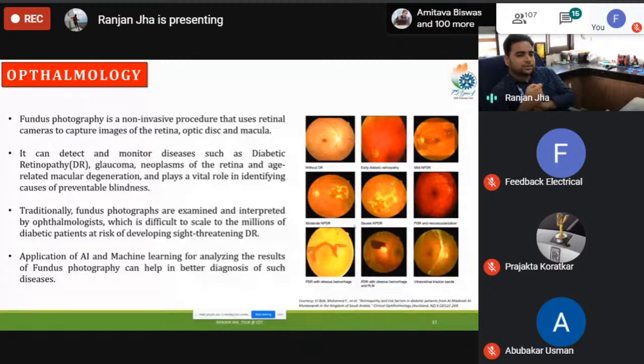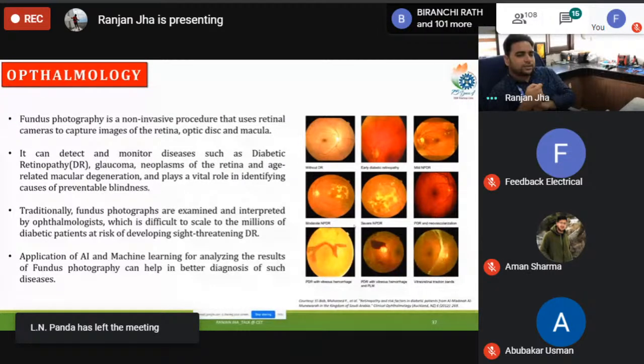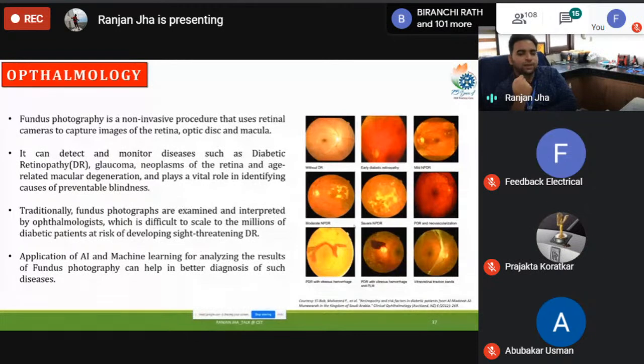Now with this kind of system, a system can capture the image, and a trained model can easily predict at which stage the patient is, so he or she needs attention or not. Machine learning for analyzing the results of fundus photography can help in better diagnosis of such diseases.